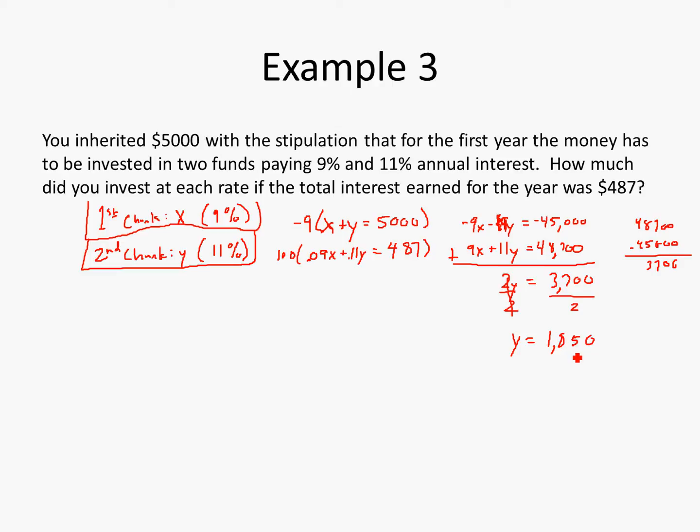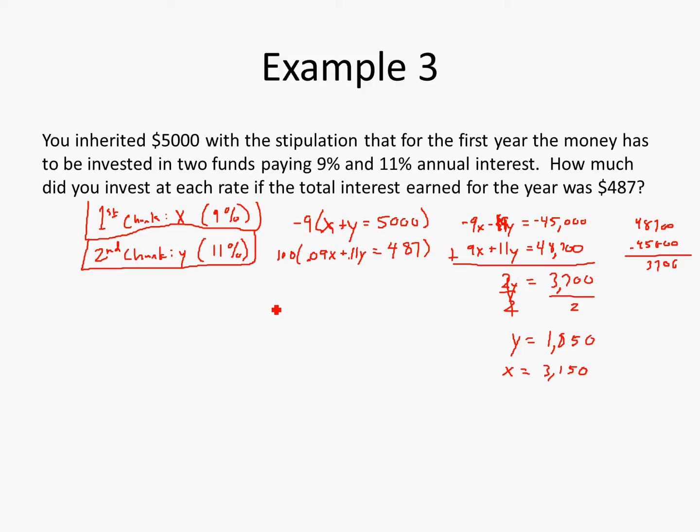So if that amount was invested at 11%, then the amount that was invested at 9% should be $3,150. The reason I know that is because our first equation said that if you take x and y and add them together, you get 5,000.